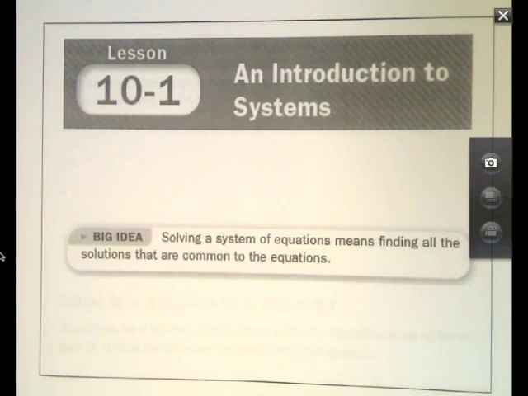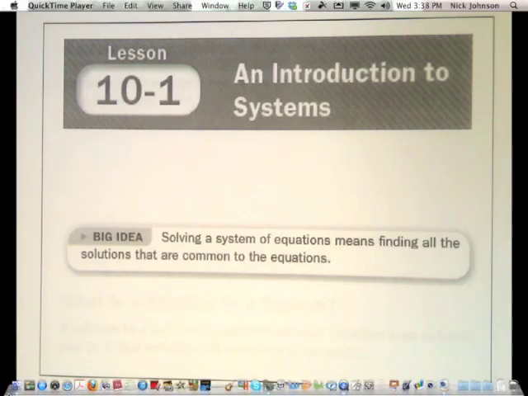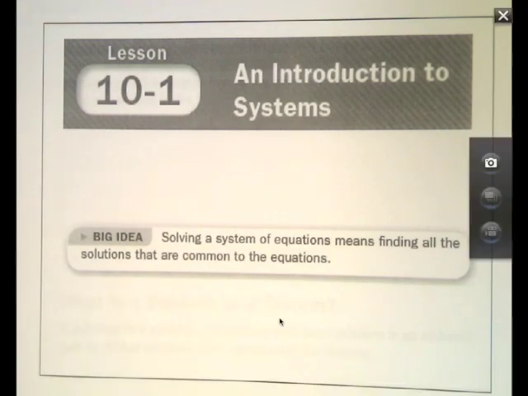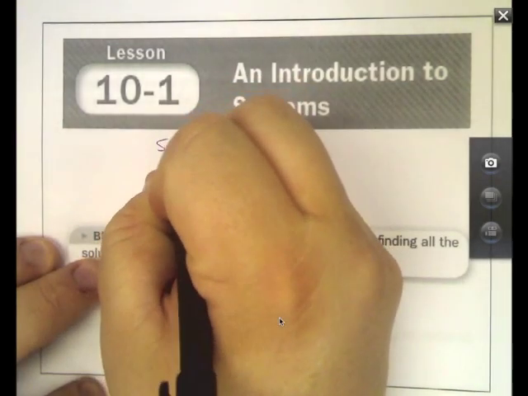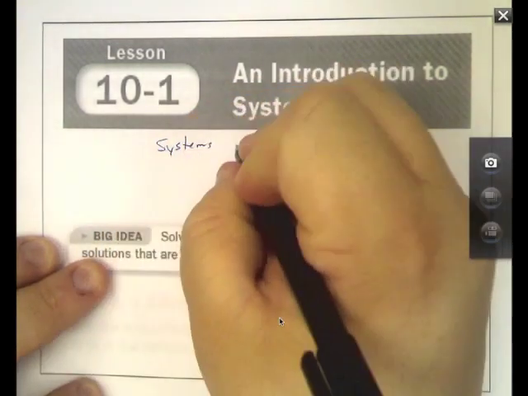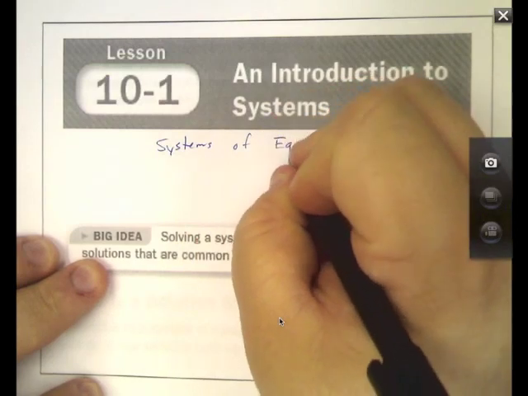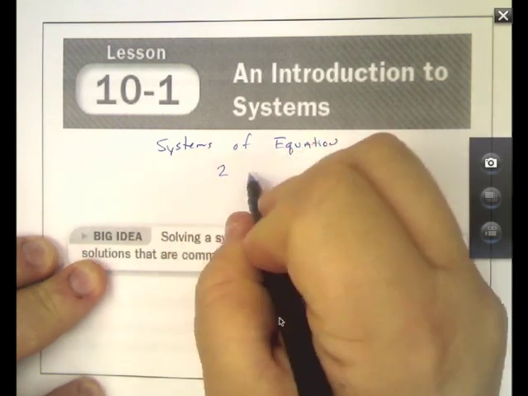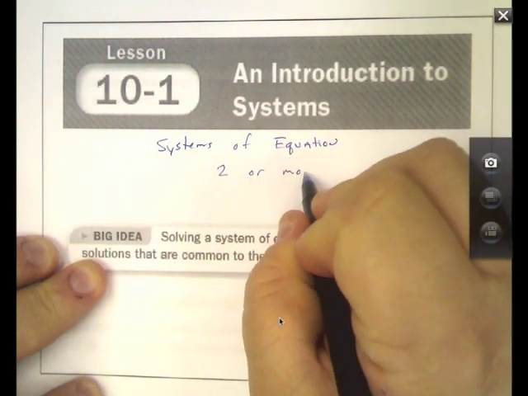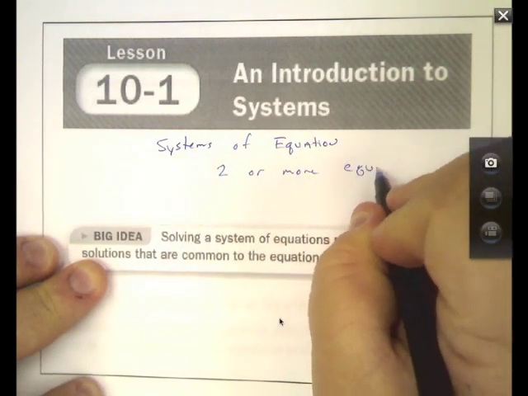All right, so today we're going to talk about lesson 10-1, an introduction to systems. Systems actually stands for systems of equations, which is what you're going to hear Mr. Johnson say a lot. It means you have two or more equations.